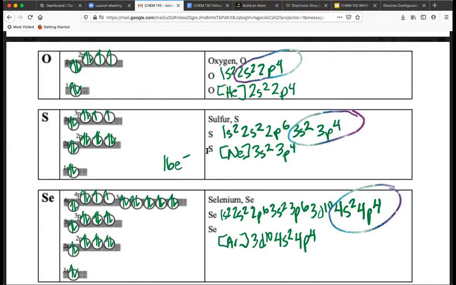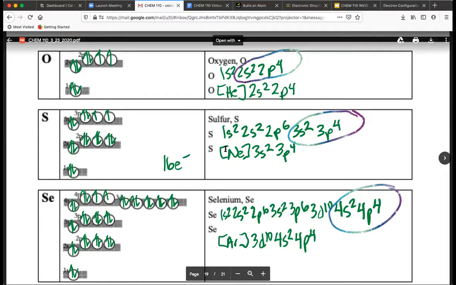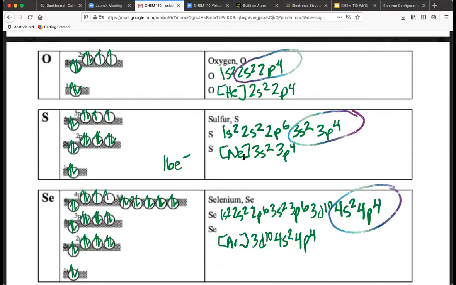How I check to make sure that my short configuration is correct is I find sulfur on the periodic table, I go one row up all the way to the right, and I see that neon is the noble gas. So that's the correct gas to go here. And then the only electrons I have to worry about are the electrons that are in the row of that atom.